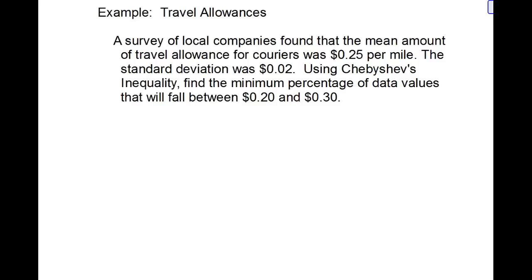Using Chebyshev's inequality, find the minimum percentage of data values that will fall between 20 cents and 30 cents. So we know that we're going to be using Chebyshev's inequality. The problem is we don't know what k is, and we don't know what percentage. We're looking for the percentage.